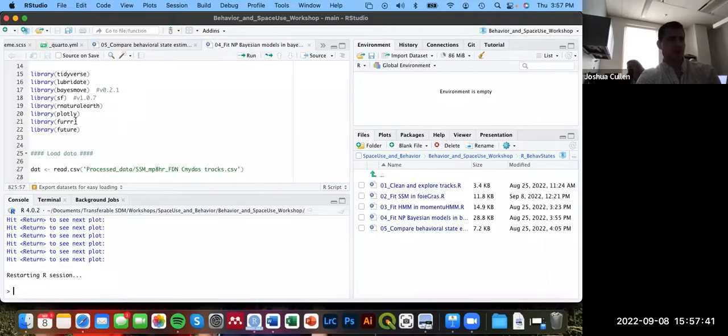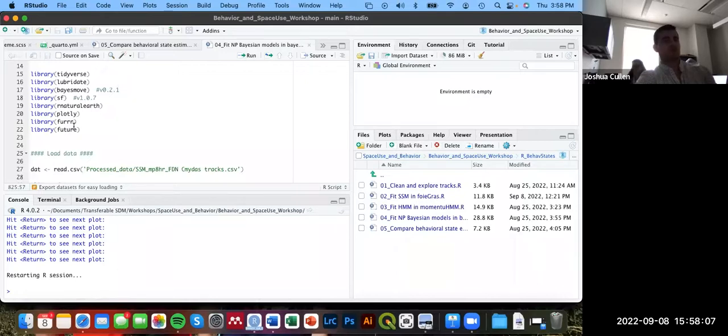The only other new package in this script is the furrr package, which, if you saw before, I was using the purrr package to apply functions or map functions over different list elements. The furrr package allows you to do the same thing, but to do things in parallel, meaning they can be done at the same time across multiple cores on your computer.